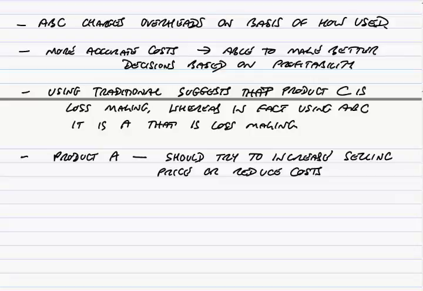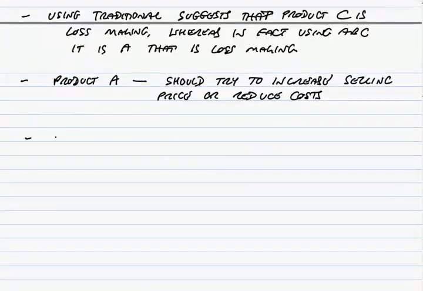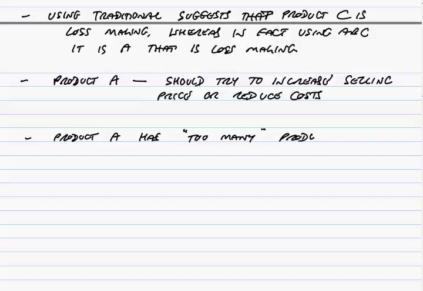That product A has too many production runs. I mean, just look at the production runs. Product C has 18,000 units and only 8 production runs. A, we're making fewer units, 15,000 units, and yet it's got 16 production runs. And it's that more than anything that's creating the problem.